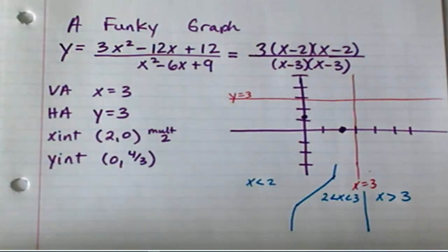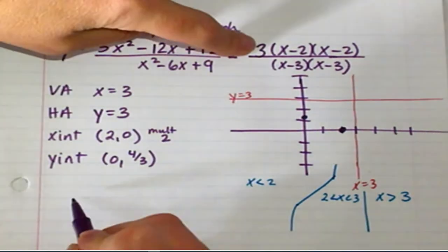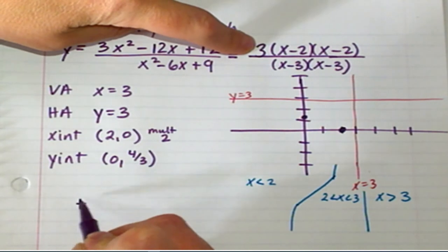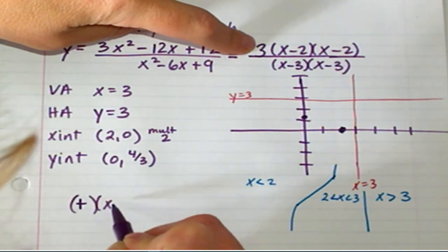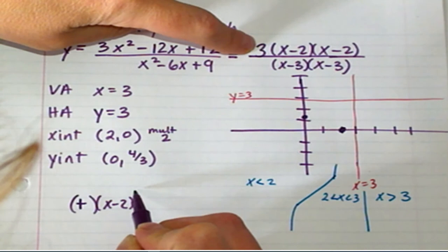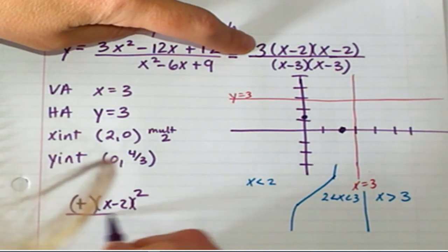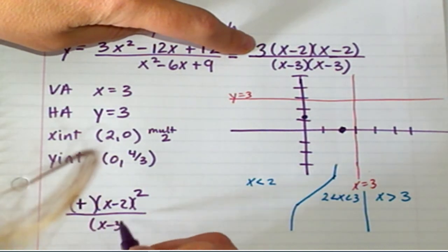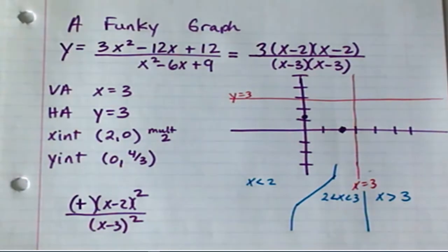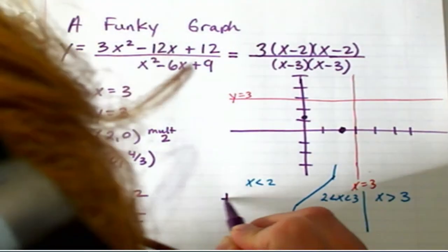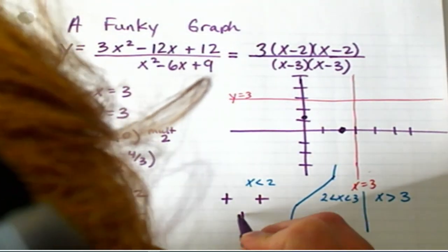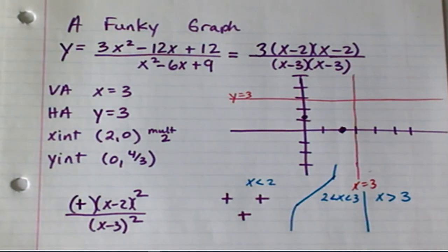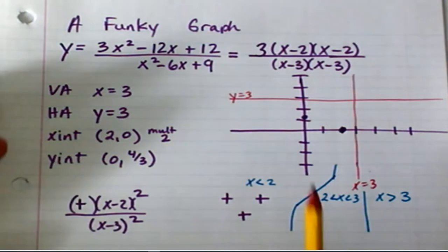So I've got the factored form here. I'm just going to jot it down. We've got 3, which is positive. We have x minus 2, which is squared. And then we've got x minus 3, which is squared. So that tells me that it's positive, positive, positive, which means that it has to stay positive.